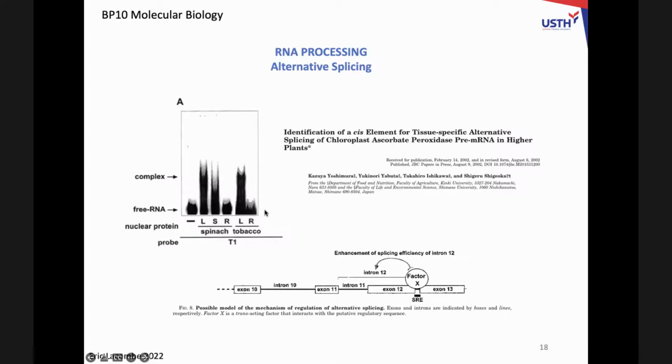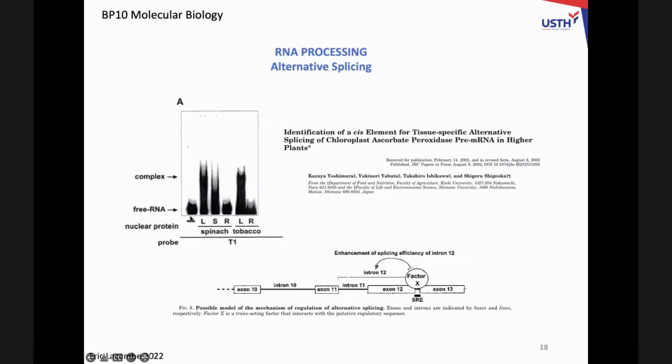So there are 6 lanes. Okay, there are plenty of redundant lanes. So we're going to see first the first lane on the left. So you see what they put in the tube. In every one of the 6 lanes, they put the probe. The probe is this fragment of RNA which is radioactively labeled. So all the tubes contain the RNA fragment, and then they add or not different protein extract to each tube.